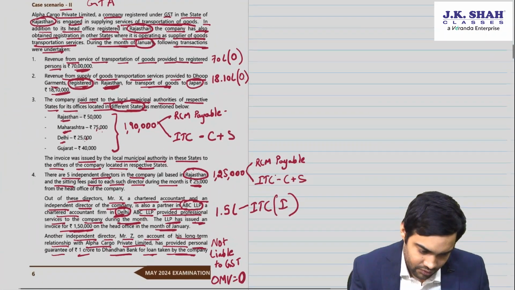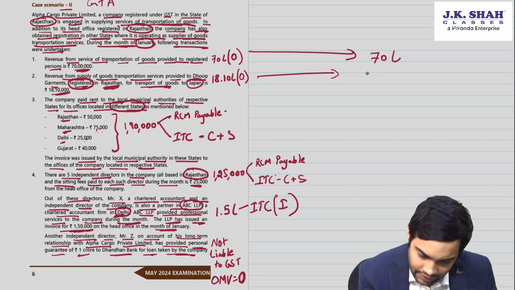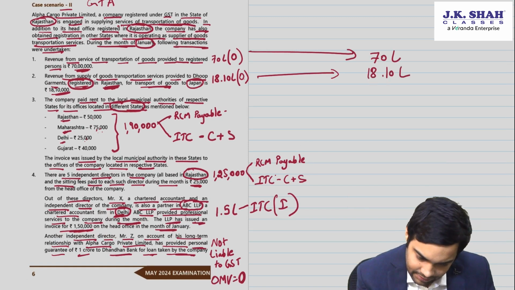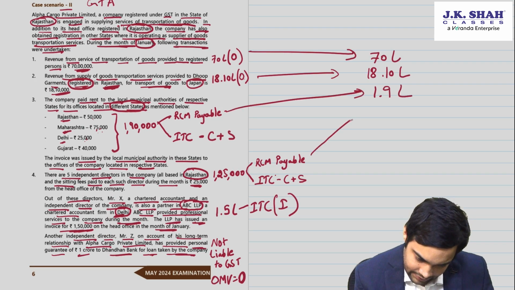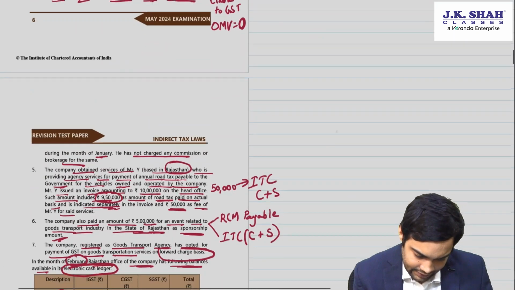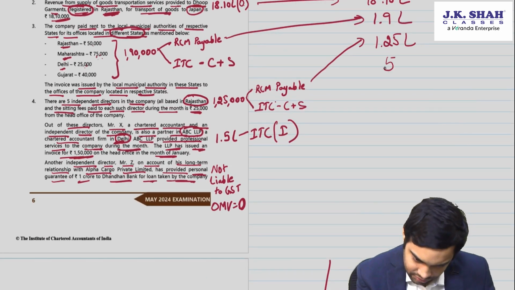See, 70 lakh output, 18 lakh 10,000 again output, then RCM payable 1 lakh 90,000, then 1 lakh 25,000, then RCM payable 5 lakh on sponsorship.